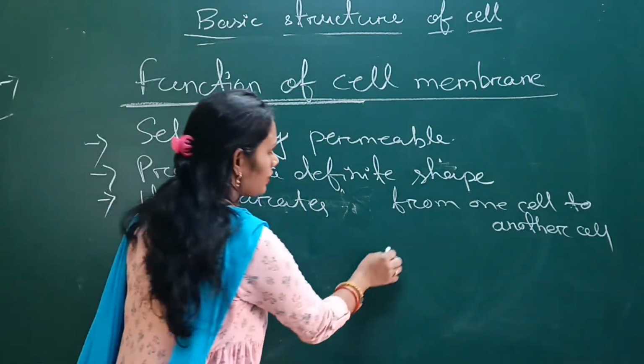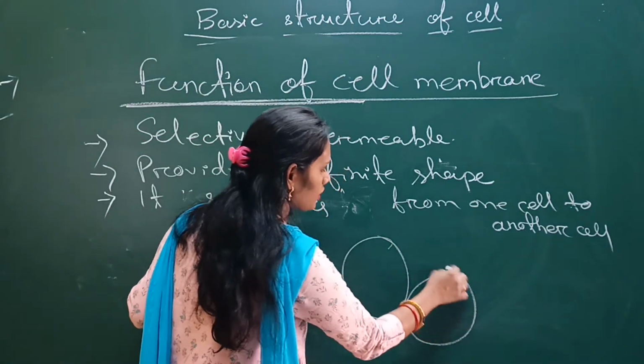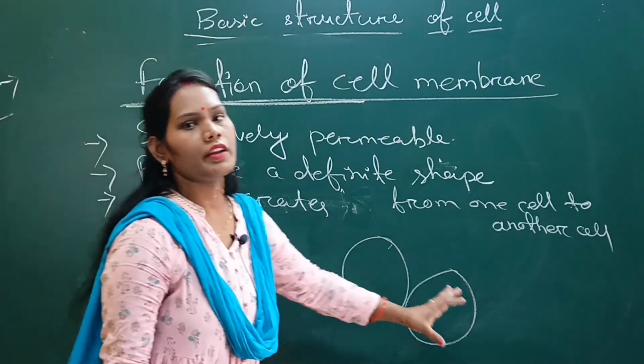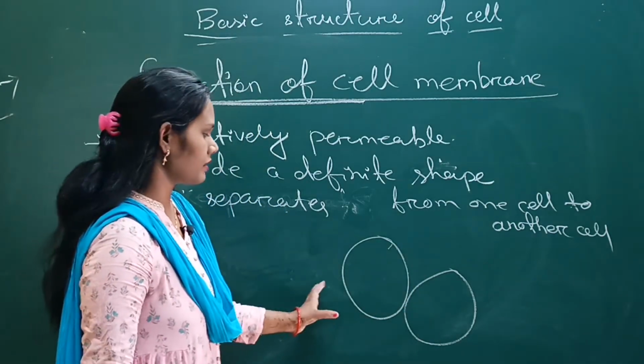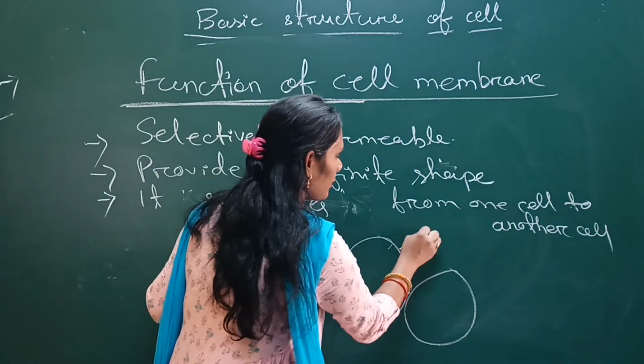Why? Now one cell has the outermost layer plasma membrane, another cell also has the outermost layer plasma membrane. So these two cells are separated from each other due to the presence of the outermost layer plasma membrane, and these cells are animal cells, not plant cells, because the outermost layer is the plasma membrane.